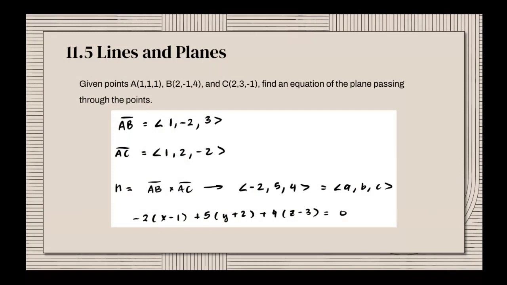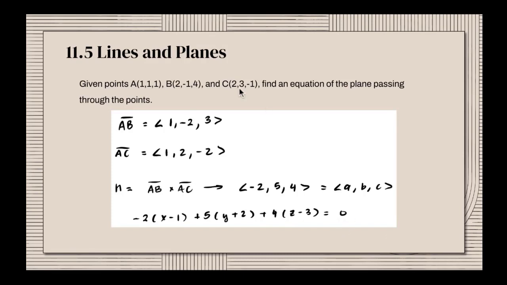Yes. Perfect. So you would find the two vectors. You can do any two. You could do AB, AC, or you could do AB, BC. It doesn't really matter. You find those two vectors by solving for them using the points. And then once you take the cross product, you're solving for the normal vector, and the normal vector will give you those coordinates.